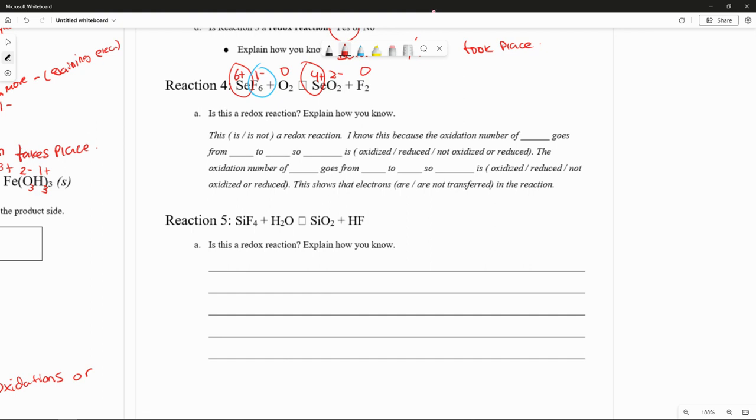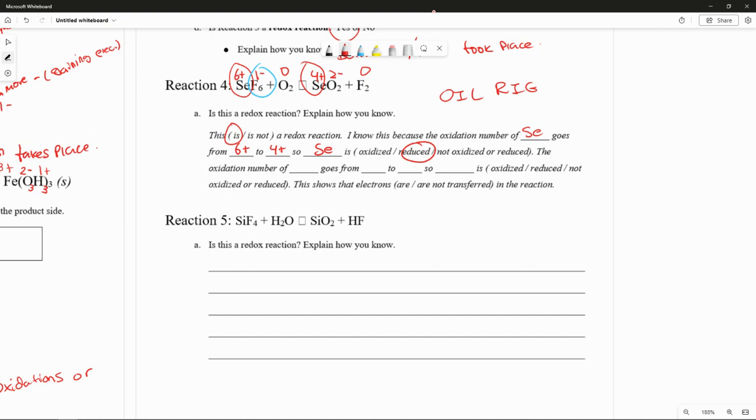So if both of those exist, we know this is a redox reaction. The oxidation number of Se goes from 6 plus on the reactant side right here to 4 plus on the product side right here. If you're going from a 6 plus to a 4 plus, you're gaining electrons to make it more negative. OIL RIG says gaining is reduction, so it is reduced.